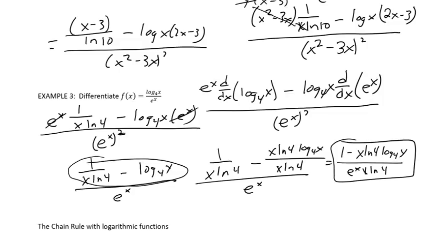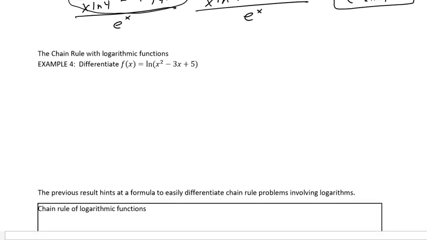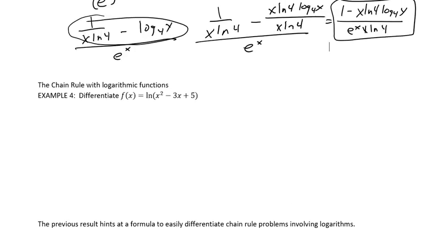Alright, so let's look at the chain rule with log functions. Okay, and let's take this function here and differentiate the natural log of x squared minus 3x plus 5. So of course we have to use the chain rule, so that would be the derivative of the outside times the derivative of the inside.